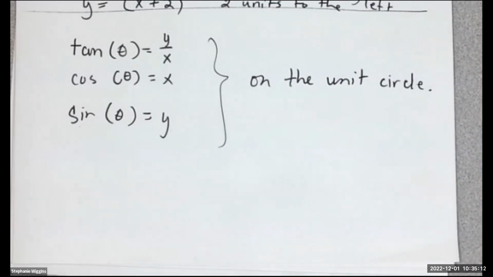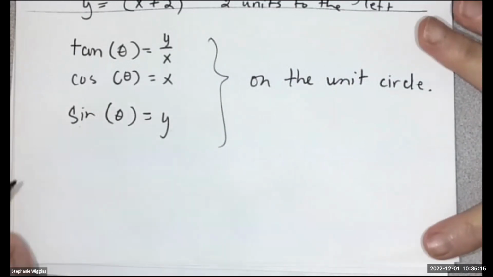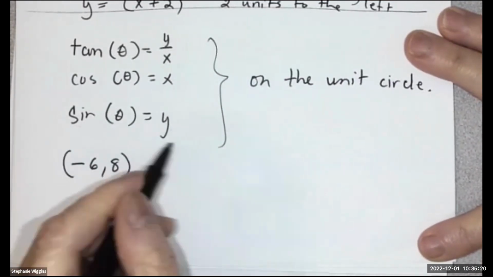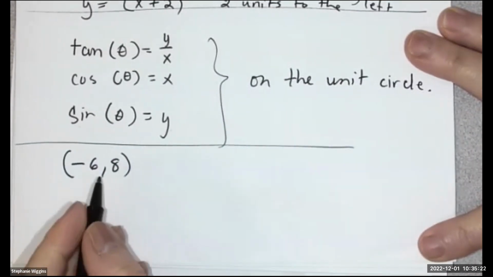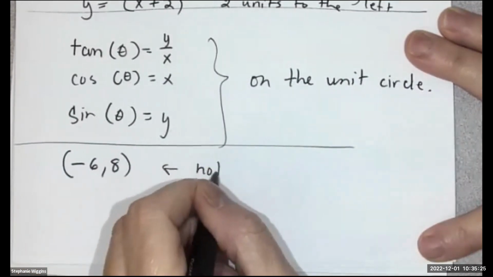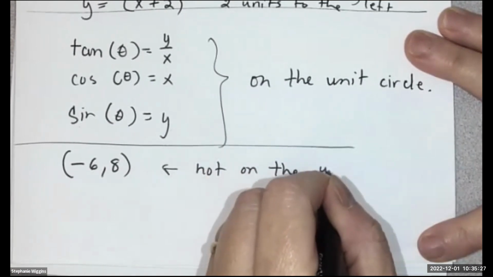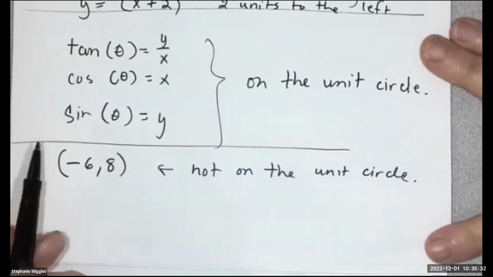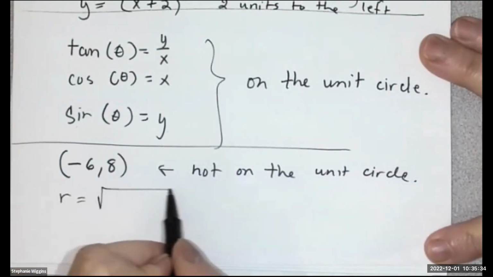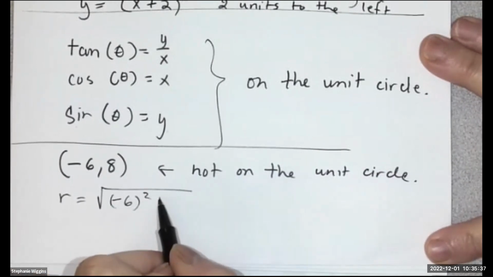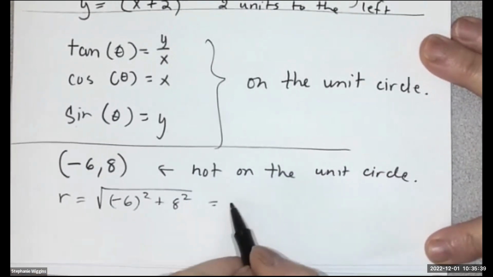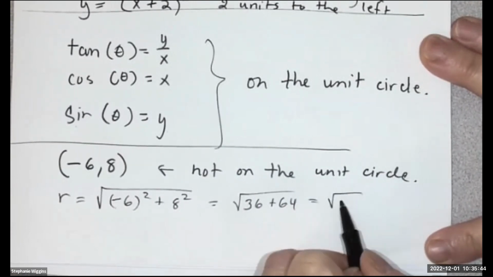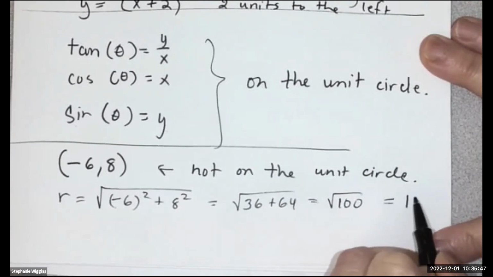But if the point is not on the unit circle, then you have to calculate r. So in that particular example, it was -6, 8. Okay, so in this case, this is not on the unit circle. So here you have to calculate r. r is the square root of -6 squared plus 8 squared, which is the square root of 36 plus 64, the square root of 100, which is 10.